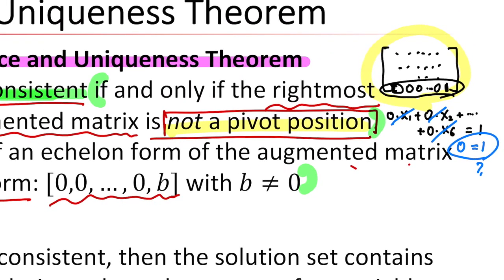What makes 0 equal to 1? It doesn't make sense, right? 0 cannot be equal to 1, right? So it means that there is no solution. No solution.